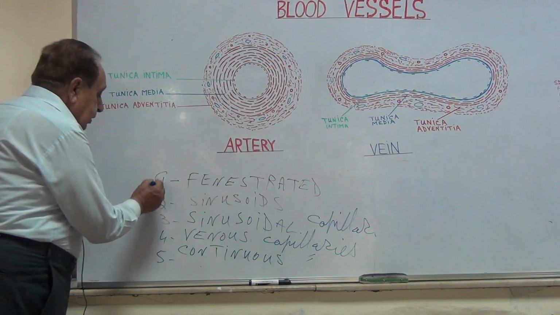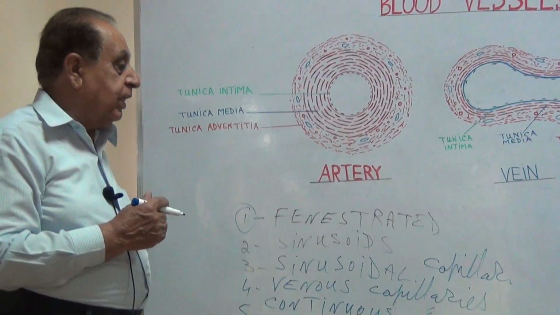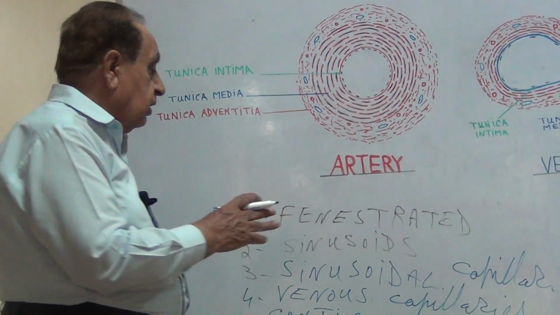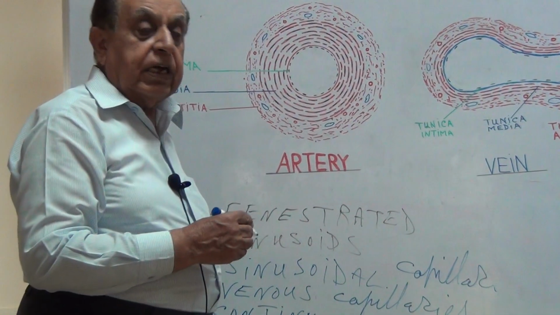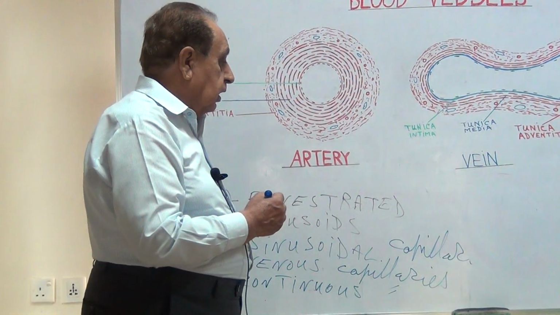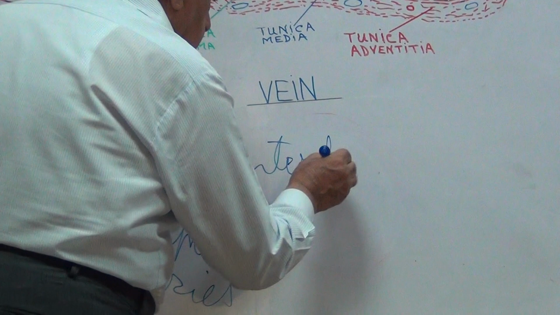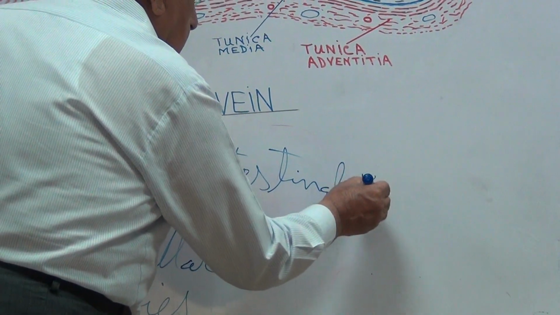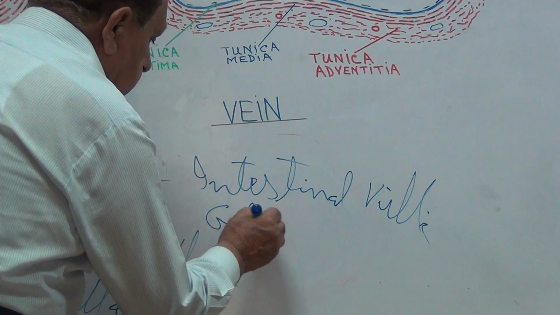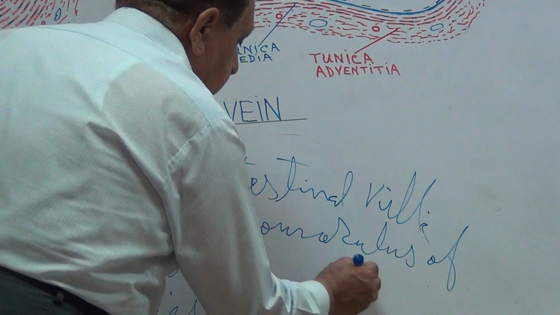These capillaries have pores in their endothelium called the fenestrae, and they are present in intestinal villi and the glomerulus of the kidney.